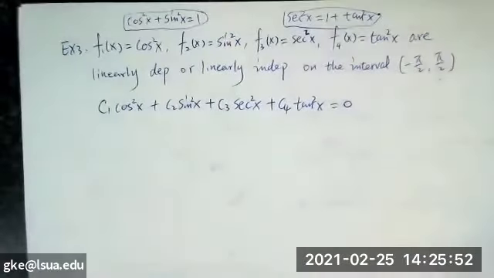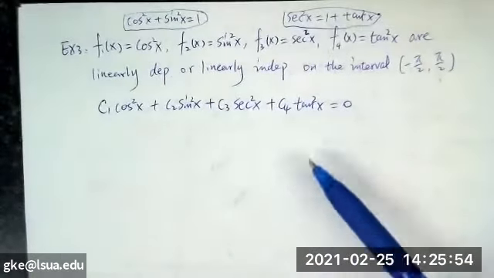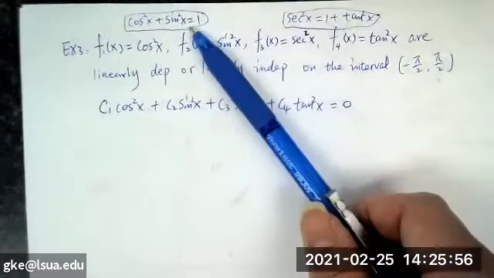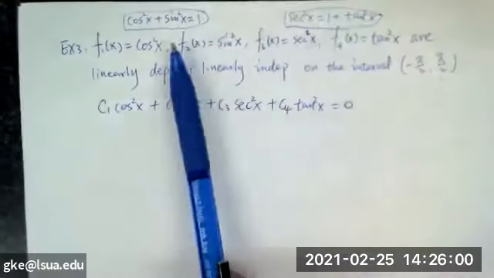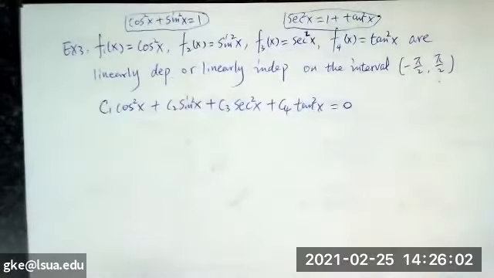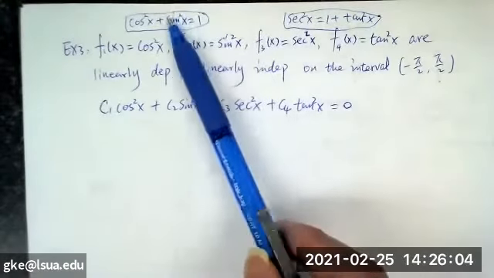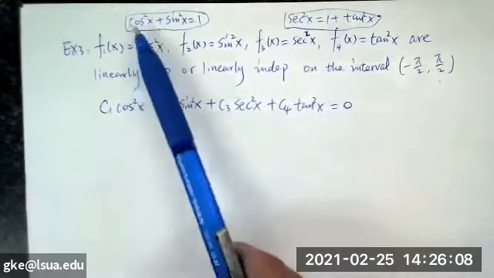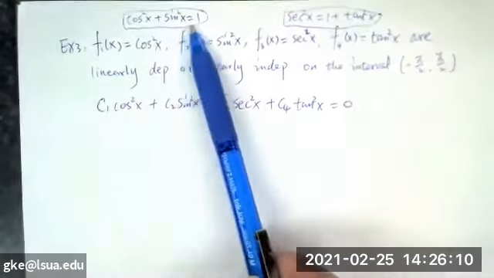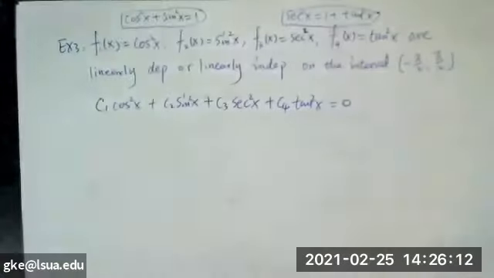As I gave you the hints, we know the trig function relationship is here, right? So you can use this relationship for the cosine x squared.